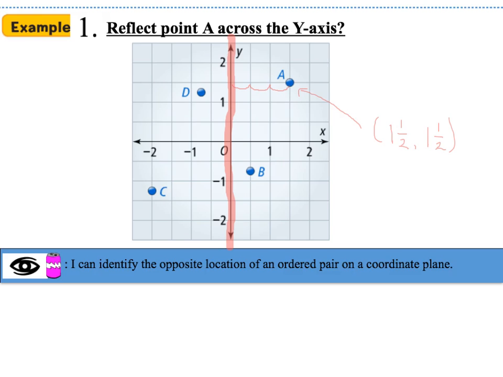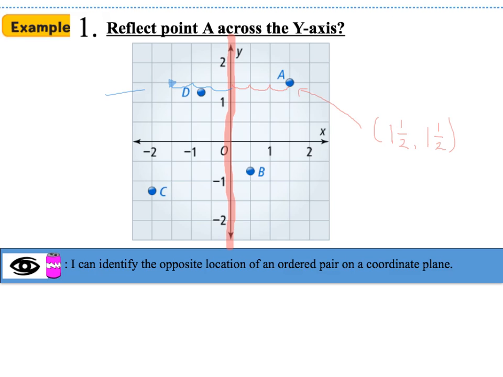So I'm going to reflect on the other side. So here's 1 unit, here's the second unit, there's the third unit, and my point will go right here. So the blue dot that I just drew will be the reflection of point A along the y-axis.